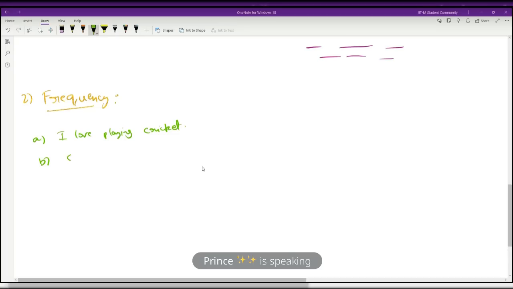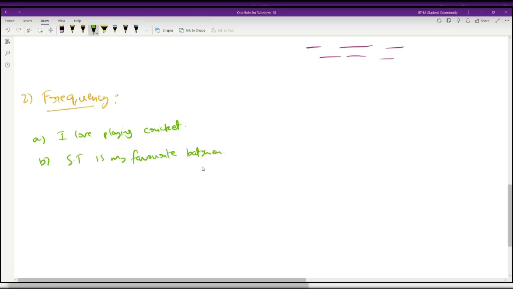Okay, Sachin Tendulkar is my favorite batsman. Because he's a batsman, you can write that directly. Did someone give any other example apart from this?